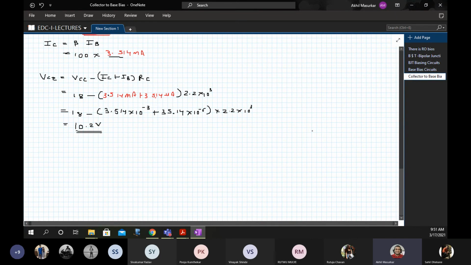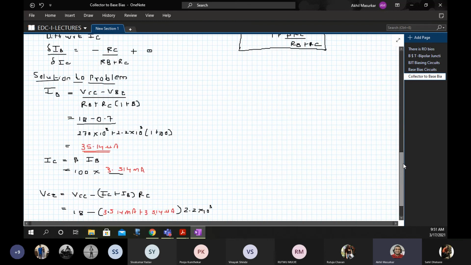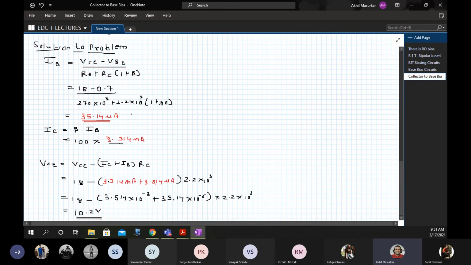Yes. Now what you will do is you will calculate these same values for beta equal to 50 and beta equal to 200. So I want now IB, IC, VCE.